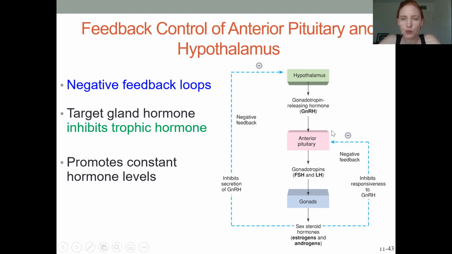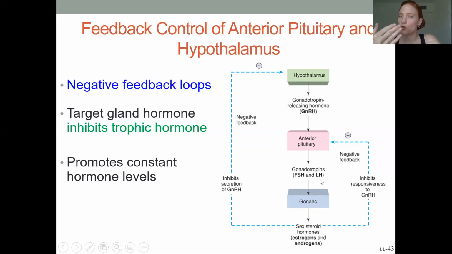So for example, the hypothalamus is going to release gonadotropin releasing hormone, and it does exactly what it sounds. It goes to the anterior pituitary and it causes it to release a gonadotropin. In this case, they would be follicle stimulating hormone and luteinizing hormone.